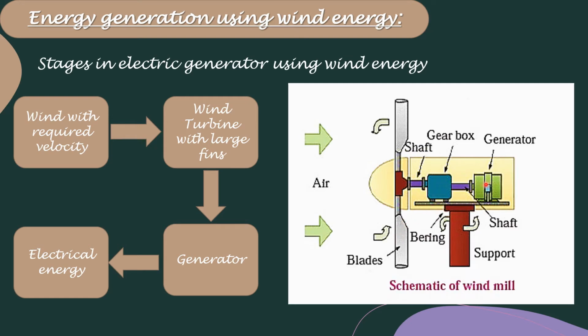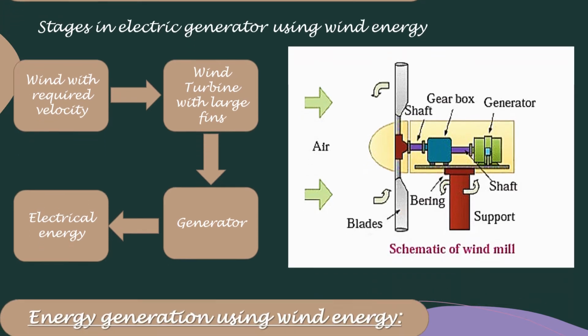When the wind strikes the blades of the turbine, the blades rotate. The axle of the turbine is connected to the electric generator through a gearbox. The gearbox is used to increase the rotation per unit time. In this way, the rotating blades run the turbine, which in turn drives the generator to produce electricity.